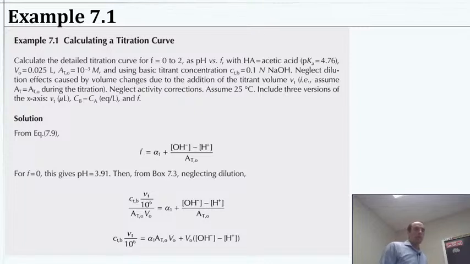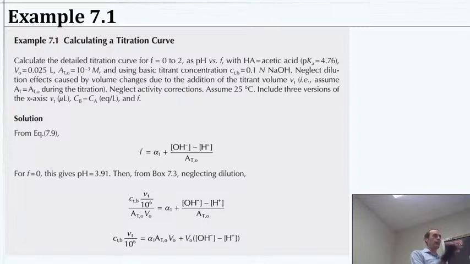Okay, so the book provides us an example. I'm just going to walk through it with you to essentially create or calculate a titration curve. And here we can kind of step through this. It says we are assigned to calculate the detailed titration curve for F equals 0 to 2.